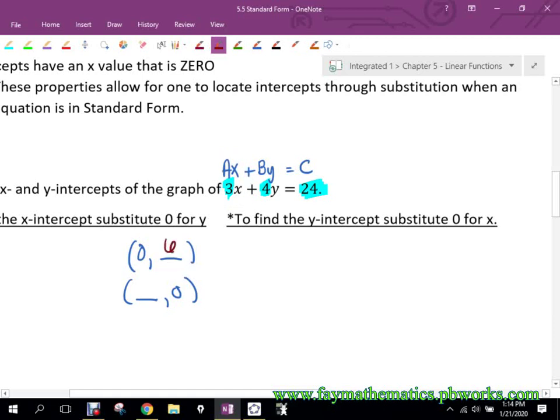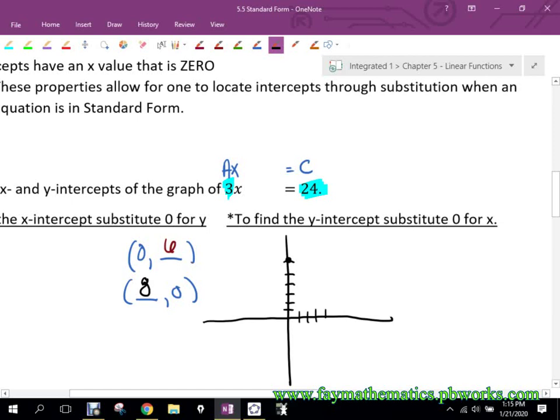The next thing I want to do is say, okay, now if y is 0, well, if y is 0, 4 times 0 goes away, right? And now you're left with x to be 8 when you divide. Okay, so let's just see some relationships here. If I plot (0, 6), 1, 2, 3, 4, 5, 6. 1, 2, 3, 4, 5, 6, 7, 8.